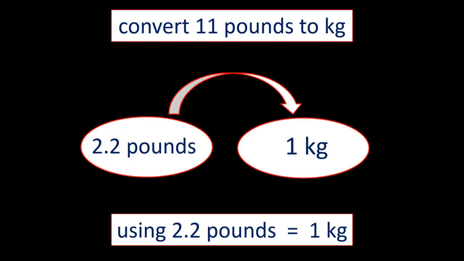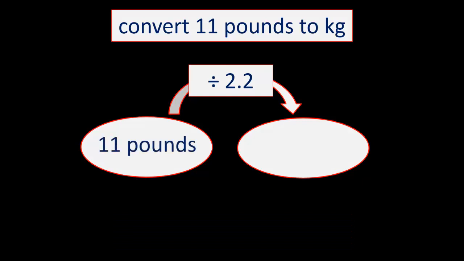For the same mass we are making the number smaller when we go from pounds to kilograms. Making it smaller means we're going to be dividing, because we're changing 2.2 to 1. So 11 pounds divided by 2.2 is 5 kilograms. We get a smaller number of kilograms for the same mass in pounds.